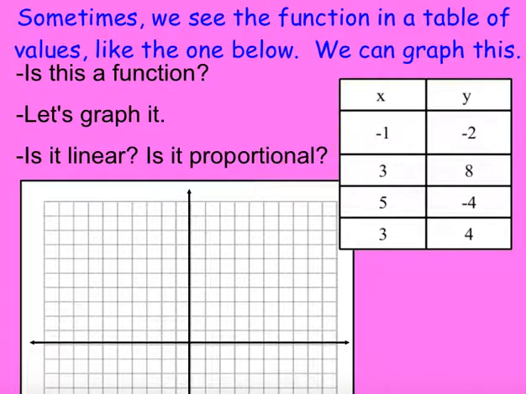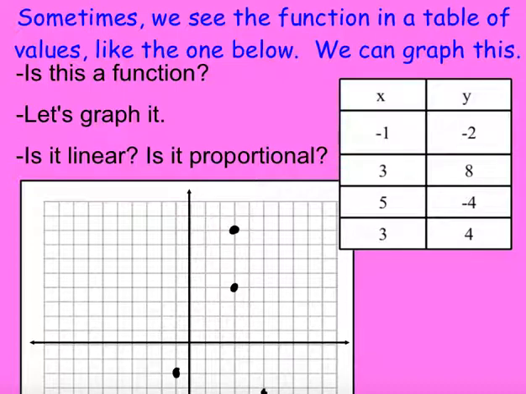Let's just try a couple others. So we have -1, -2. We have 3, 8. We have 5, -4, way down here, and 3, 4. Well, first of all, I look at this and say, is this a function?